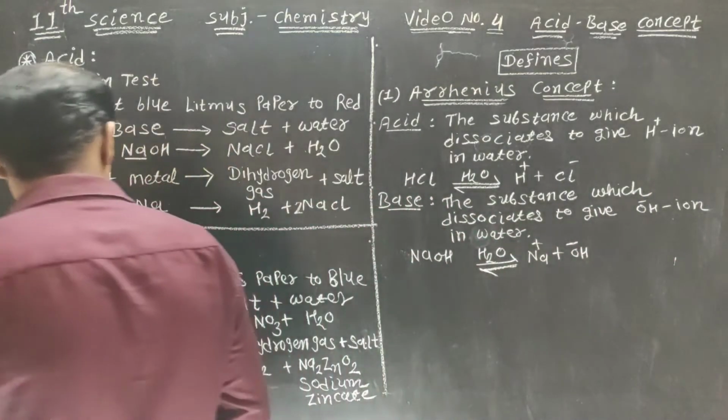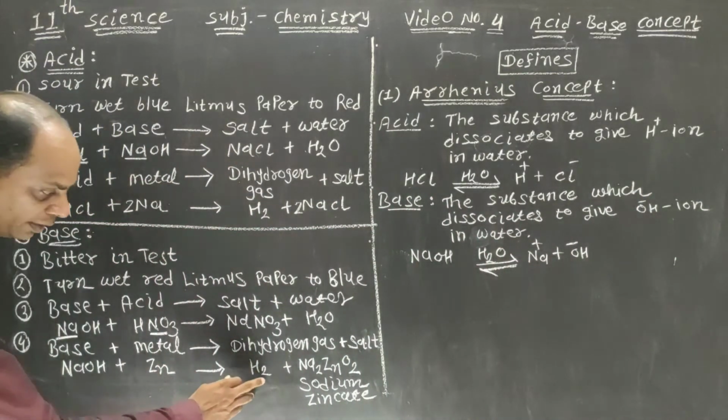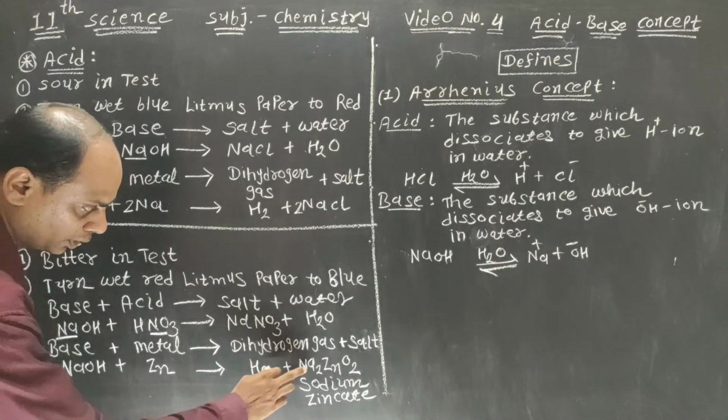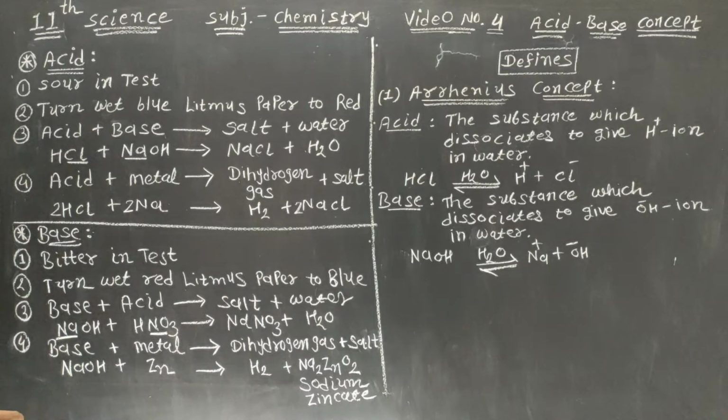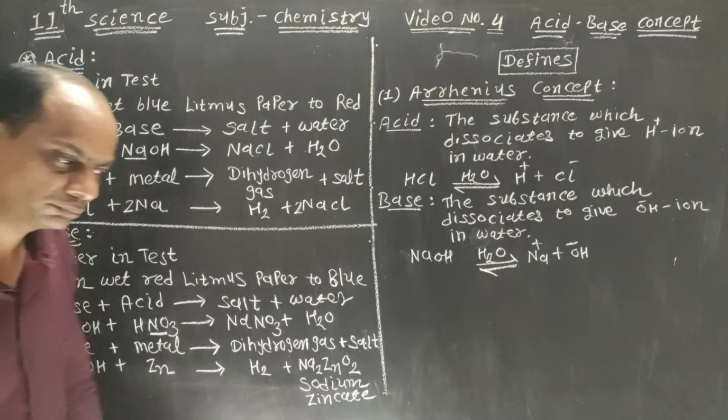Let us balance the chemical reaction. Number of hydrogen atoms, number of sodium atoms, and number of oxygen atoms all are twice the time. So let me multiply here by 2, will make sodium 2 times, oxygen 2 times, and hydrogen 2 times. So this is the balancing of the chemical reaction.